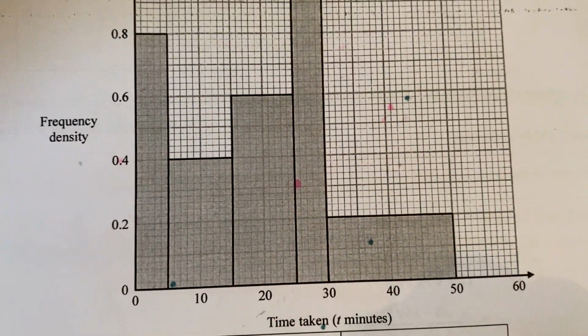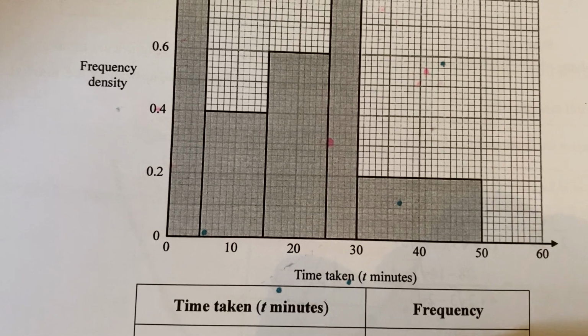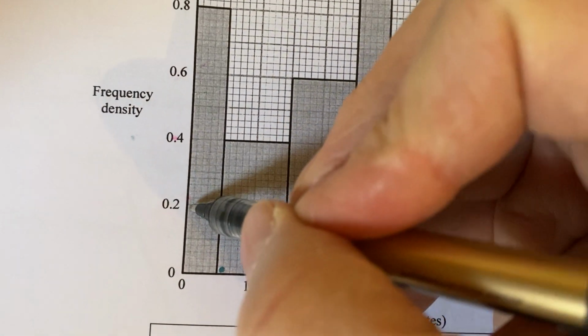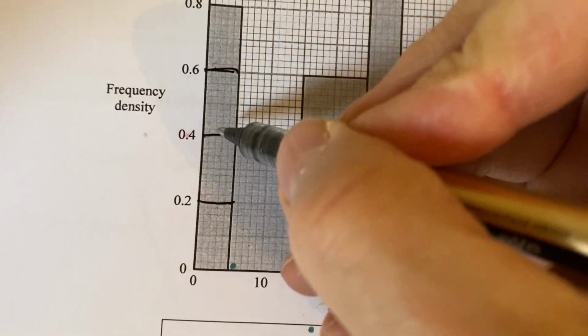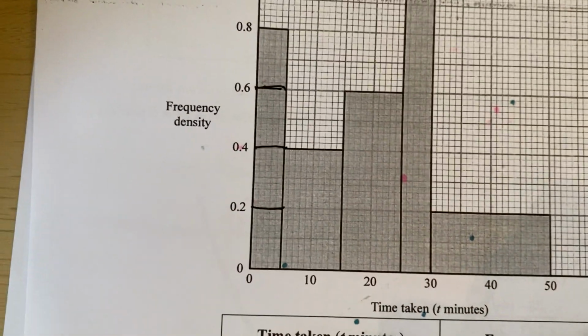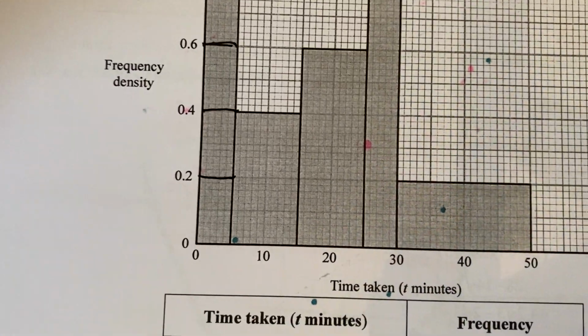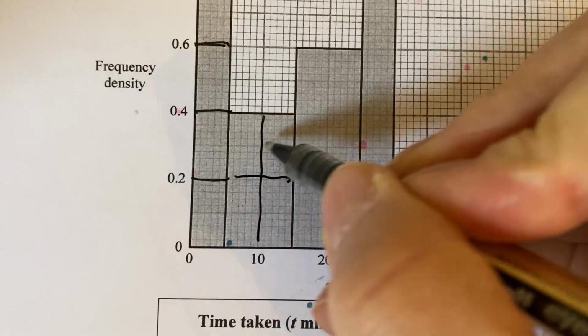And it tells you here that between 0 and 5, you've got a frequency of 4. So I can subdivide that into 4 bits and see, look, each 2 squares equals 1 frequency, 1 student in this case. That's really quite nice and easy. It's a bit of a sneaky way of doing it, but heck, why not? Look here, I can see 1, 2, 3, 4.